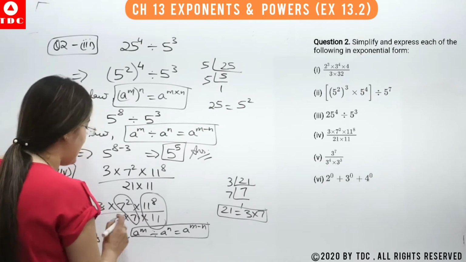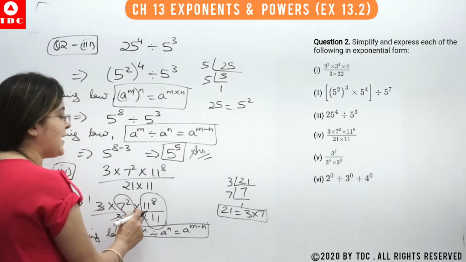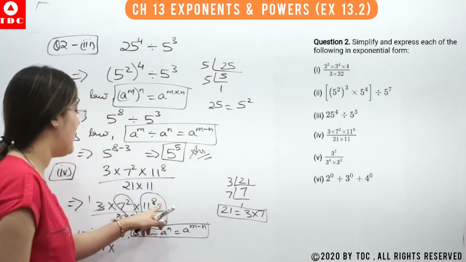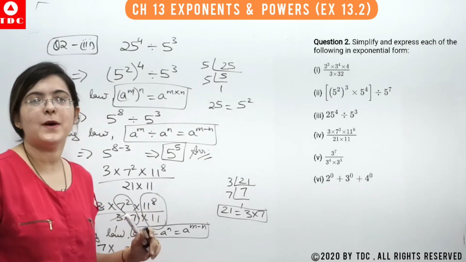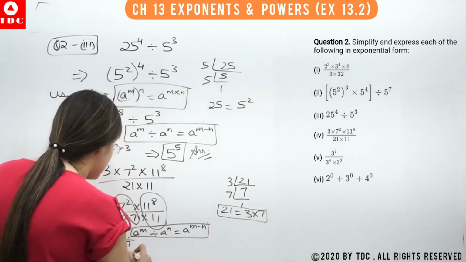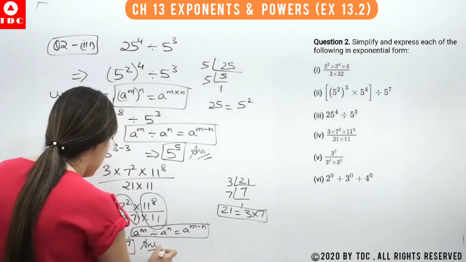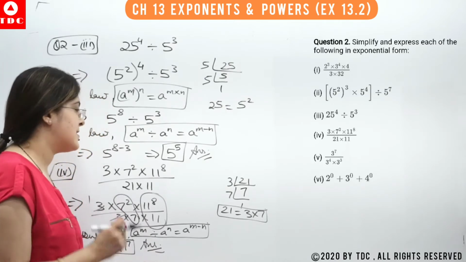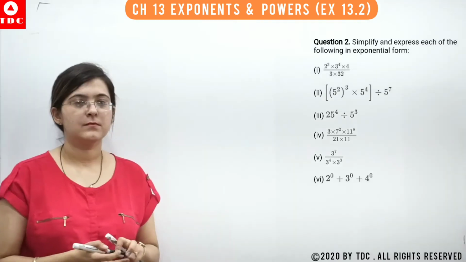So what will we get? 7 to the power 2 minus 1, that is 7, into 11 to the power 8 minus 1, that is 7. So what is our answer coming as? 7 into 11 to the power 7. This is your final answer.